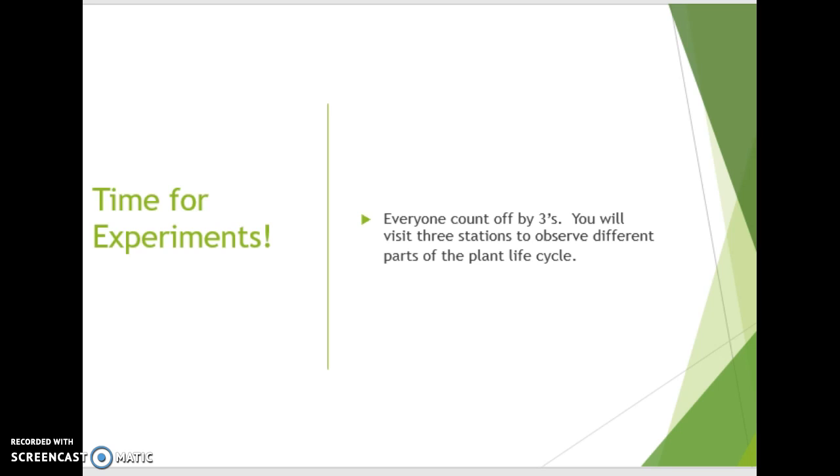At another station, we're going to observe several different kinds of seeds and write down what they have in common and what they are, and then what's different about them. Lastly, our third station is a seed, a sprout, a seedling, and then you would have to draw a picture of the final, full-grown plant.